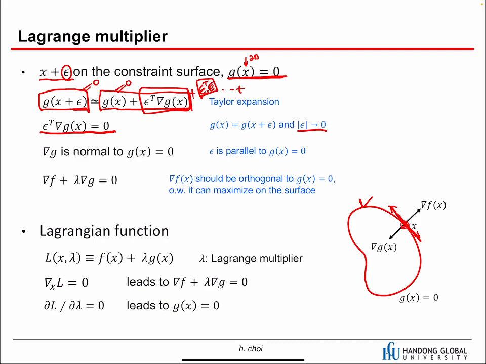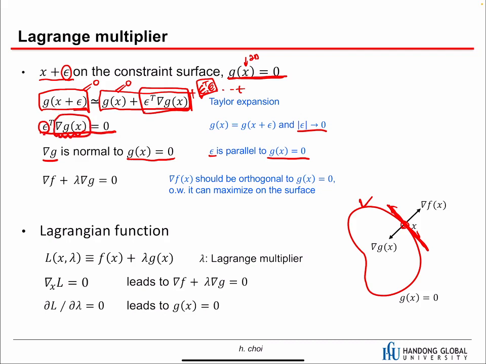This equation says epsilon is orthogonal to the gradient of g. Epsilon is parallel to this surface, in this direction, and epsilon is orthogonal to the gradient of g.